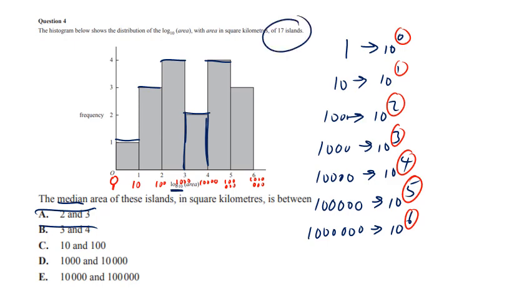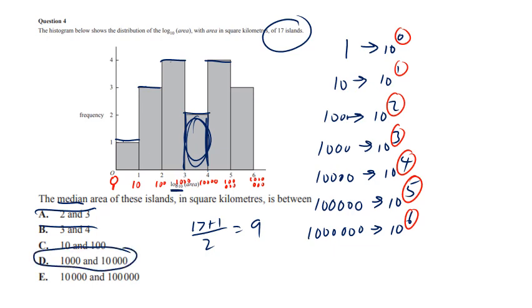So the median is going to be 17 plus 1 divided by 2. It's the 9th value. 1, 4, 8. It's somewhere in here. So it's between 3 and 4. 3 zeros is 1,000, 4 zeros is 10,000, so it's between 1,000 and 10,000.